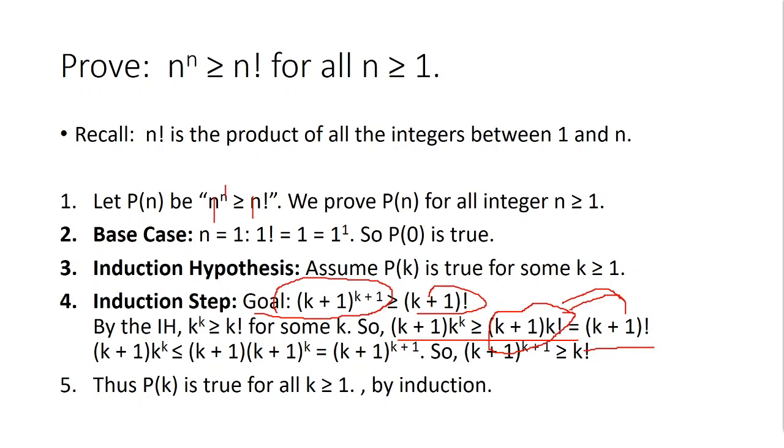Let's look at the left hand side. k to the k is greater than or equal to k factorial, so multiplying by k plus 1, this part is smaller than our target.